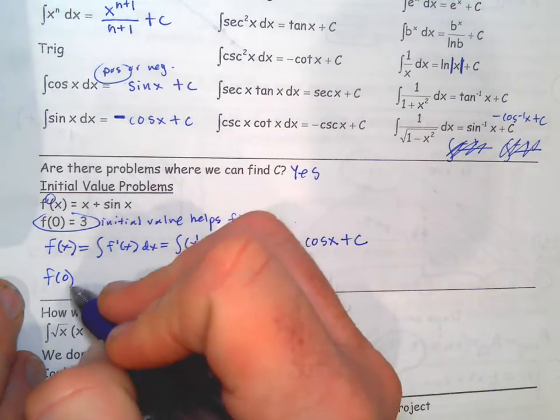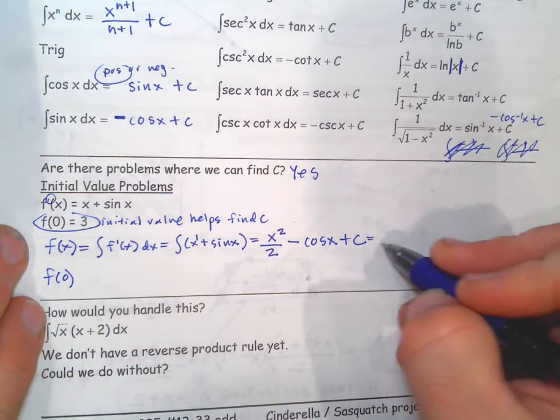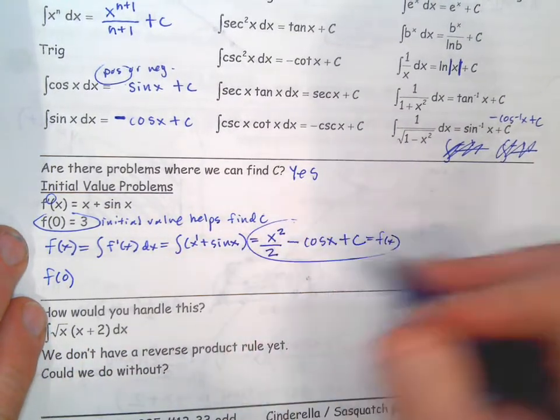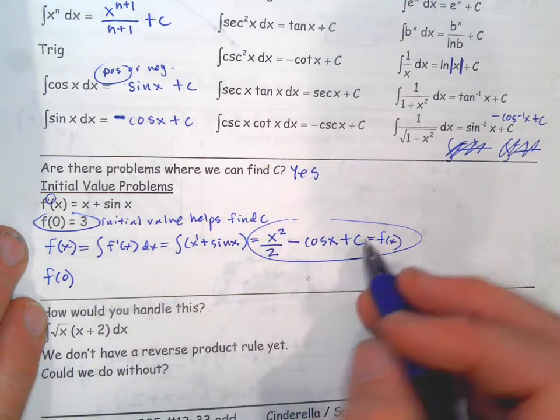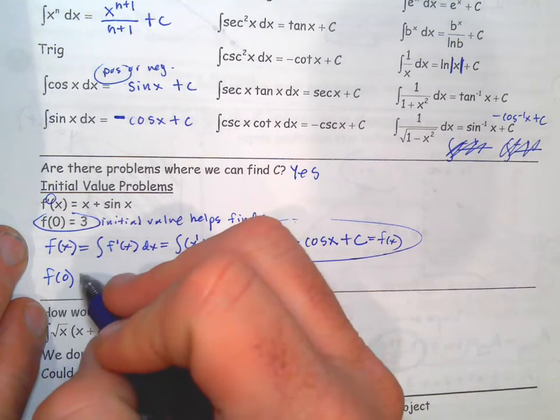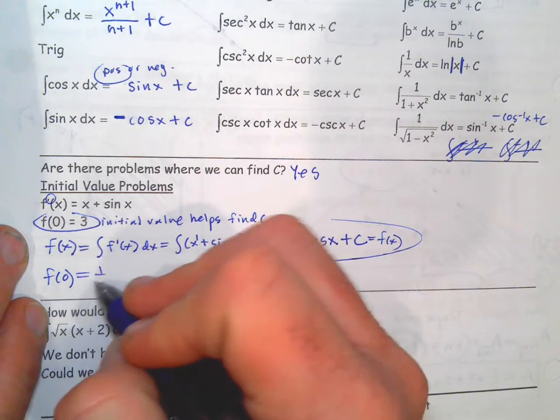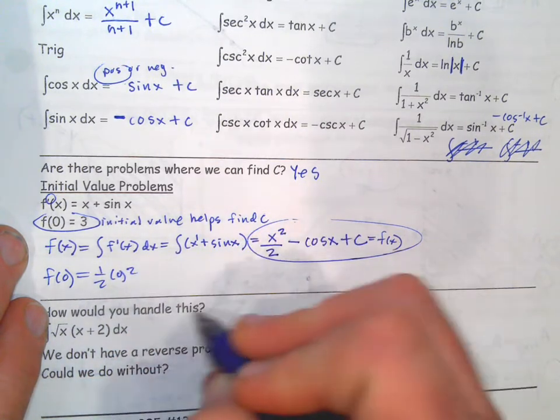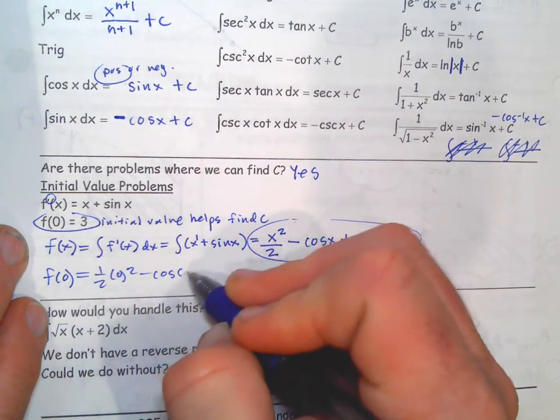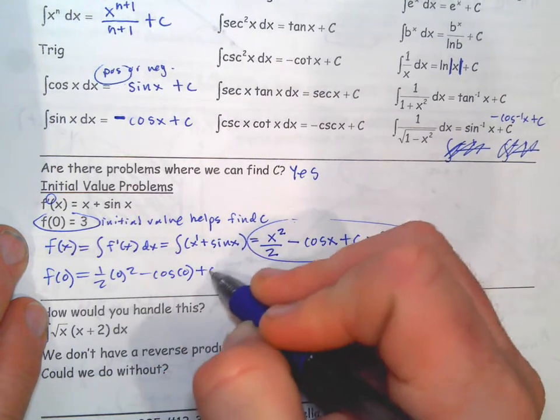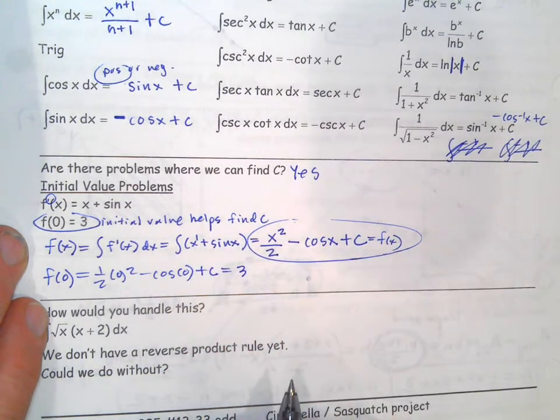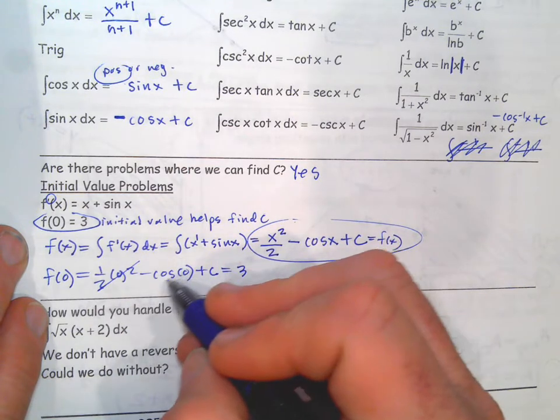Now what we can do is use this initial value. If I know any x, y pair for my function here, then I can plug the x and y in here, and then I should be able to find c. So if you plug 0 in, you get 1/2 times 0 squared minus cosine of 0 plus c should come out to 3. Add 0. This is 1.